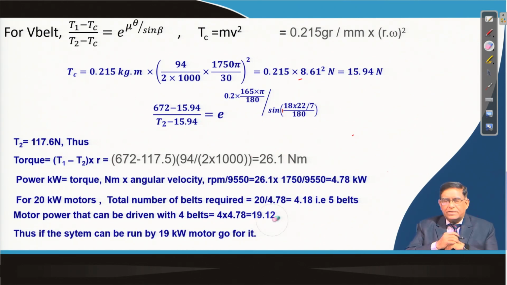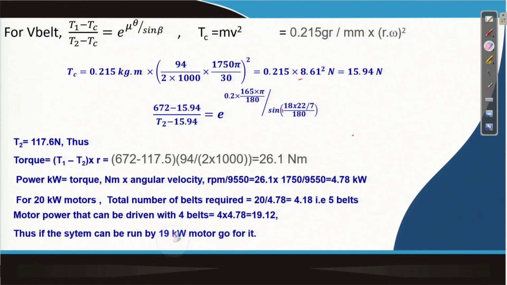So, what you will have to do in a design is check, because if you are going for 5 belts, the additional belt is not going to give you much power. In such situations, you will have to check whether you can do the operation with a 19 kilowatt motor or not.